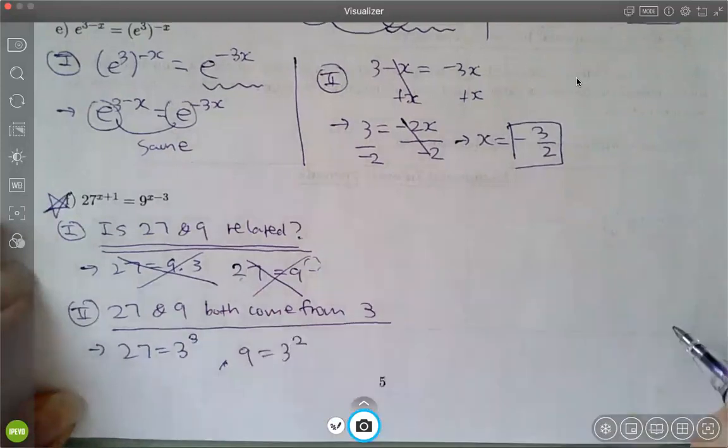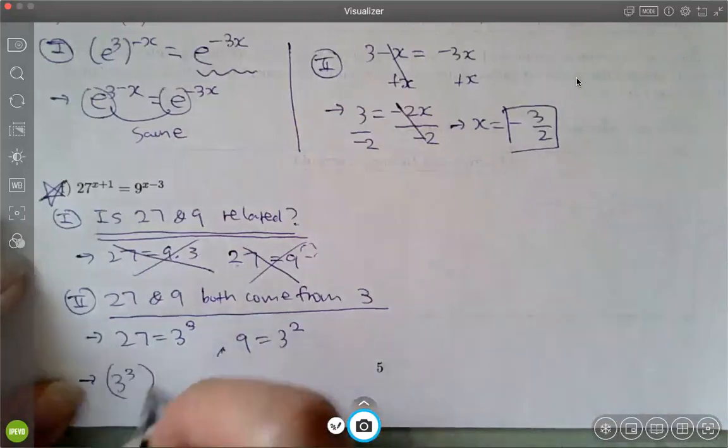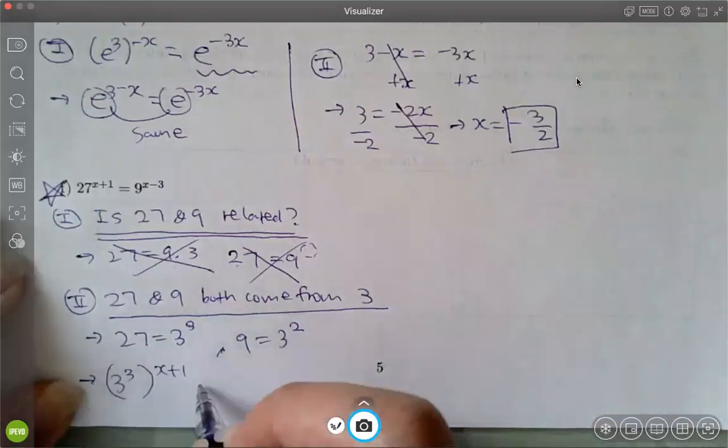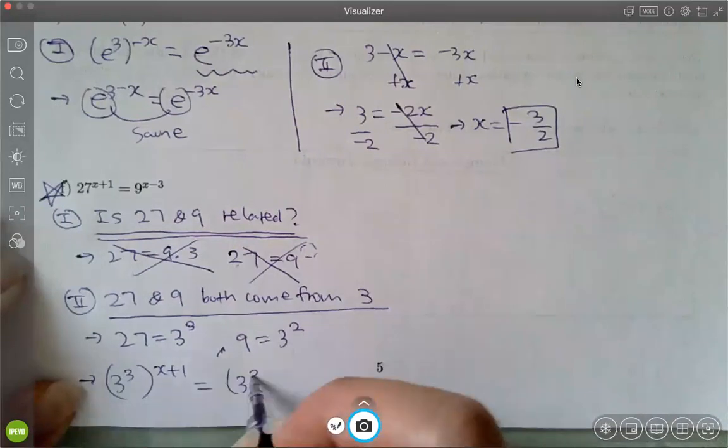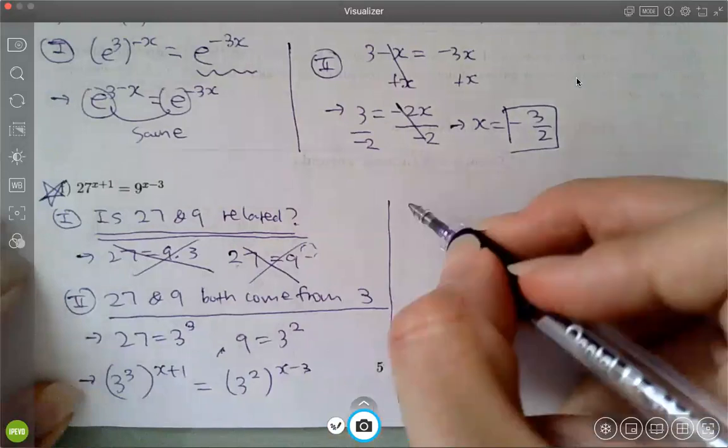Okay, so what do you have? 3 cubed to the power x plus 1, and then 3 squared to the power x minus 3, right? Okay, and now clear the parentheses on the left-hand side.